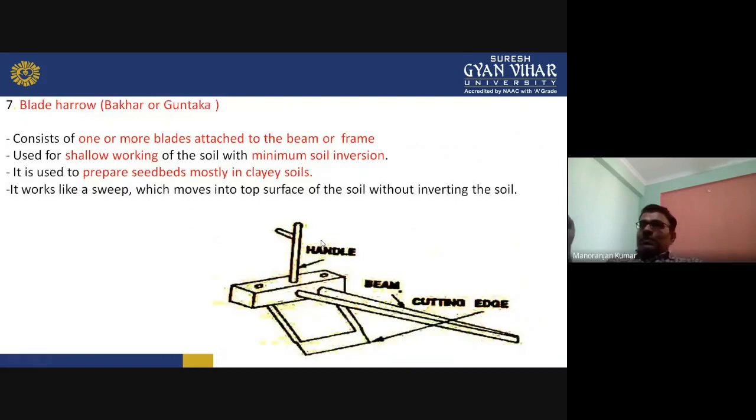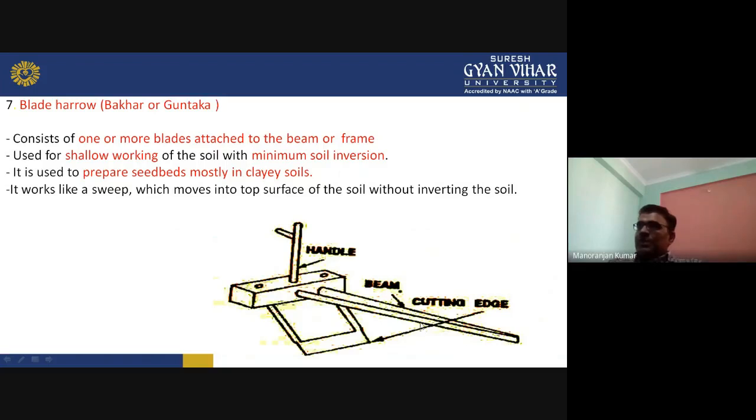The other type of harrow is the blade harrow. This blade harrow is also known as the bakhar, or in the local language, buntaka. Here in the picture you can see the beam.